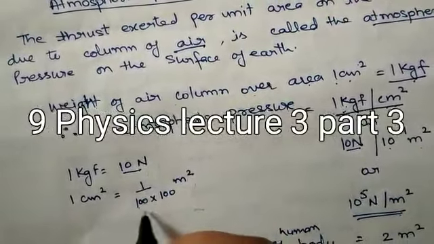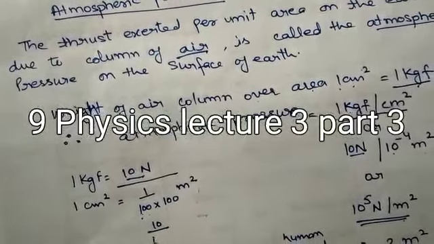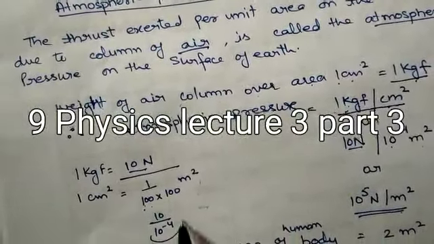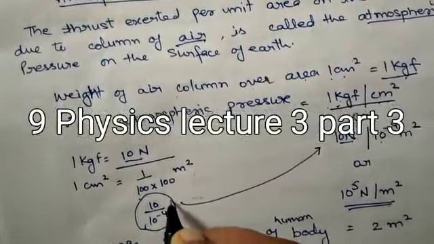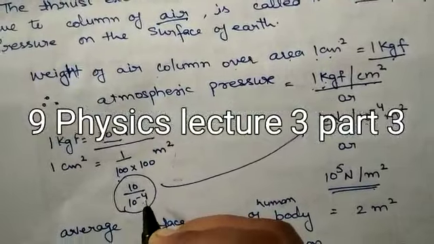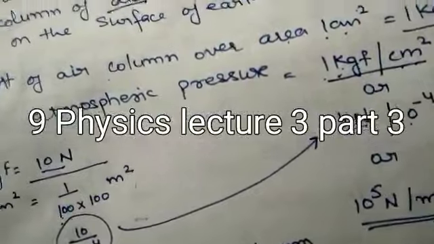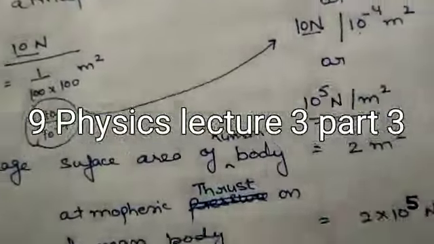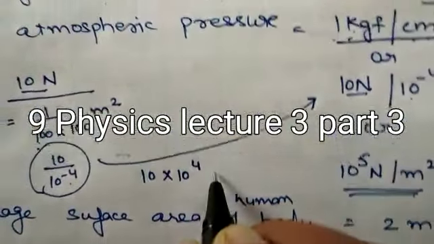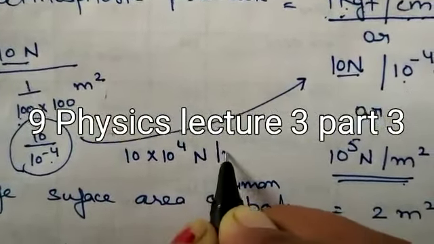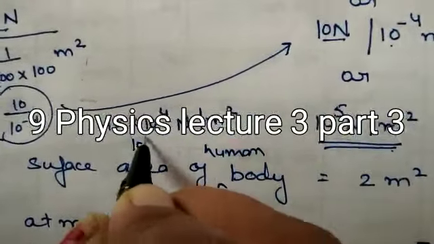When we shift this 10 raised to power minus 4 to the numerator, the negative power becomes positive, and it changes into 10 into 10 raised to power 4 Newton per meter square. So 4 plus 1 is 5, so it's 10 raised to power 5.